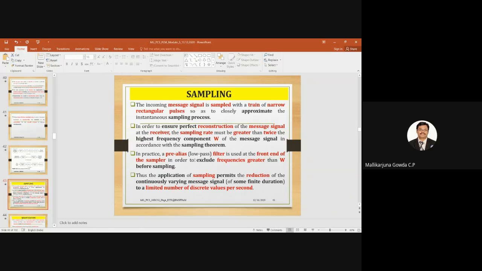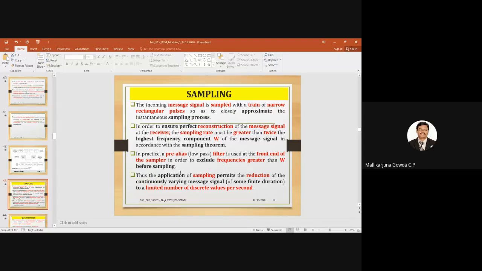Before we give a signal to the sampler, we pass it through a low pass filter at the front end to exclude any frequencies greater than W Hz, to avoid aliasing.